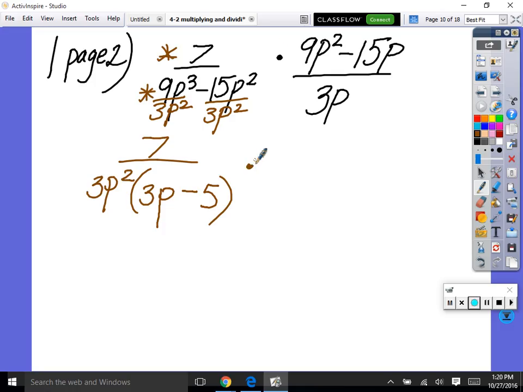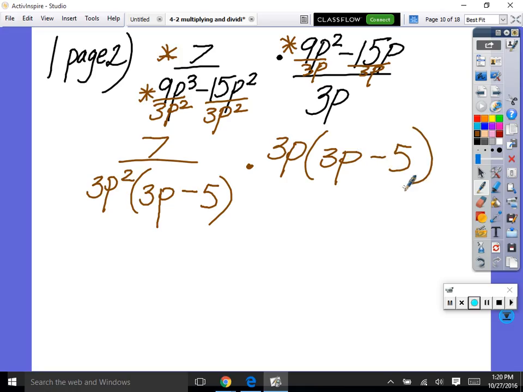And then let's factor this piece. It's quadratic, but we're not going to do a times c because there is a GCF, right? 3p. So divide by 3p's. So left is 3p minus 5. Everybody feeling good? All over 3p. Now we would multiply straight across.